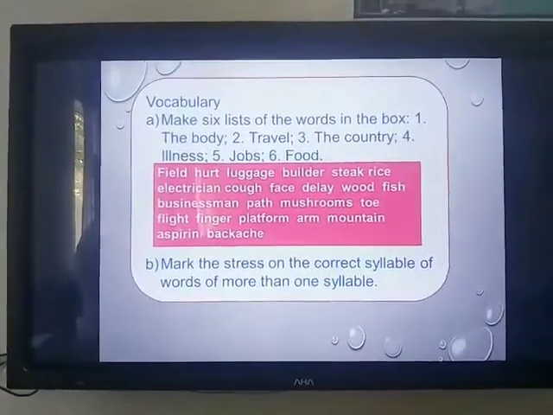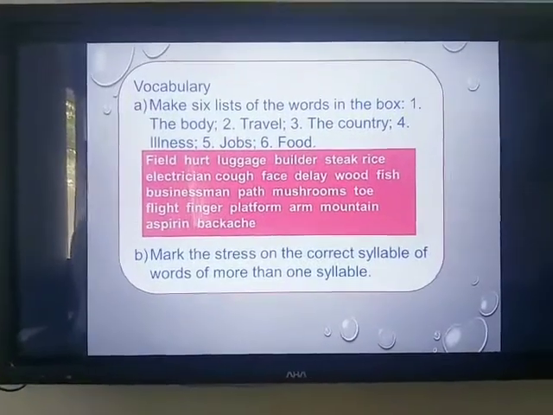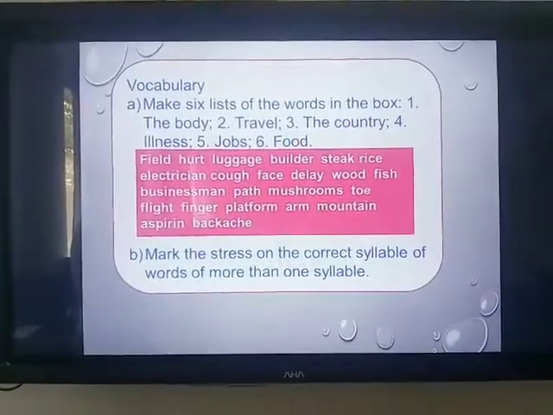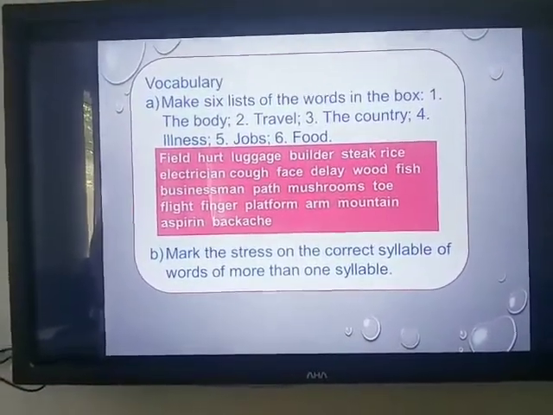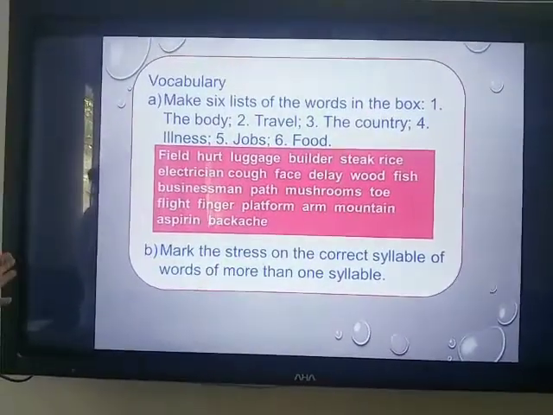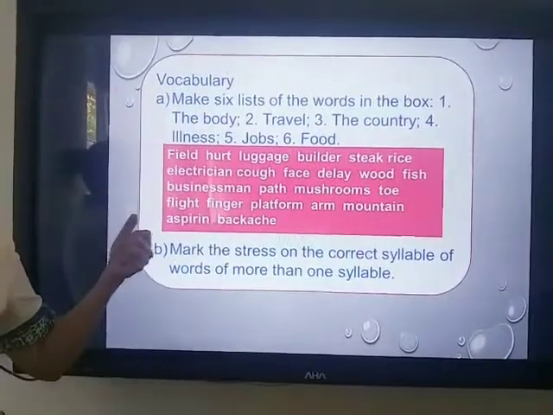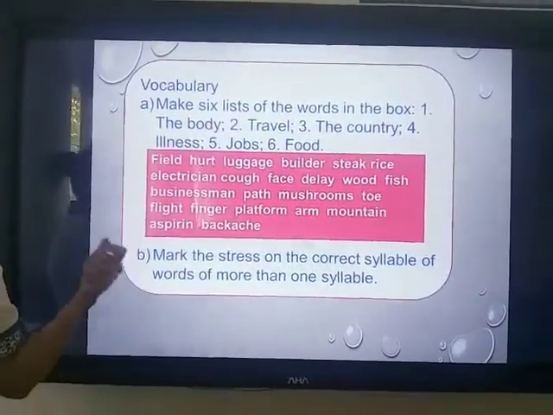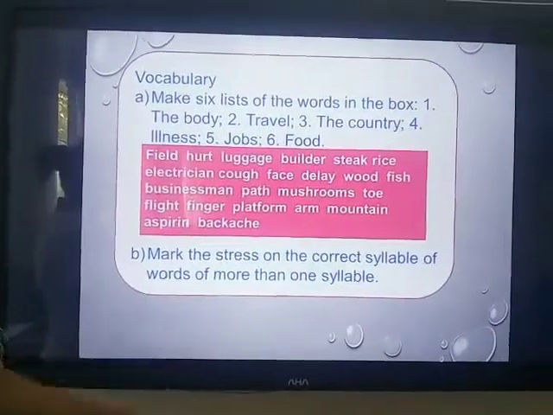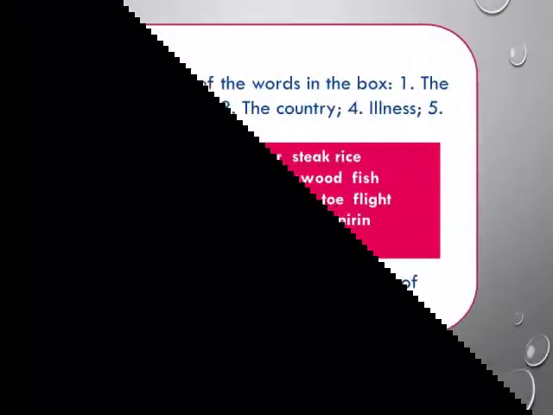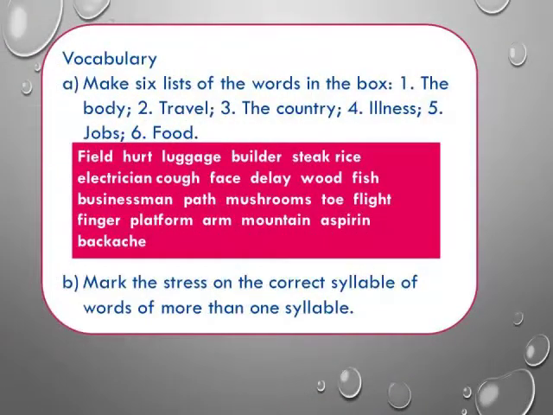The task like this is a review activity, we can say. It is informal testing. This type of test can be used during the lesson for reviewing our previous lesson. This kind of test can be done each lesson for practicing or recycling past material.